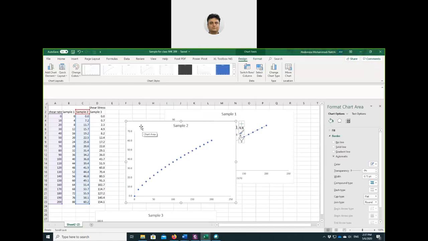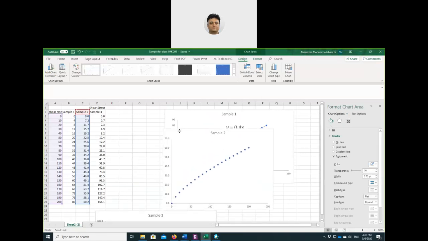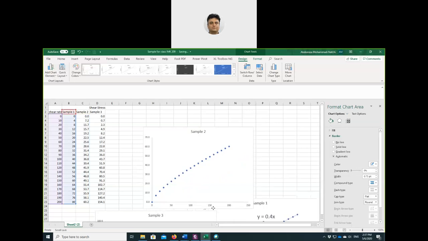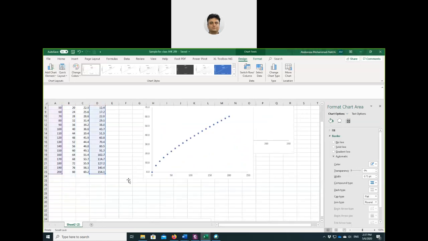You remember the last session on model fitting? Yeah, okay. We can easily fit the model. How do we fit the model? I just bring the sample down. I want to focus on sample 2.